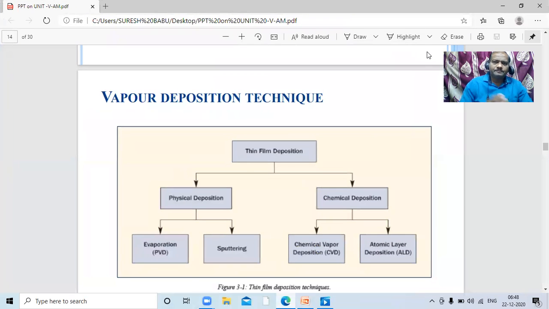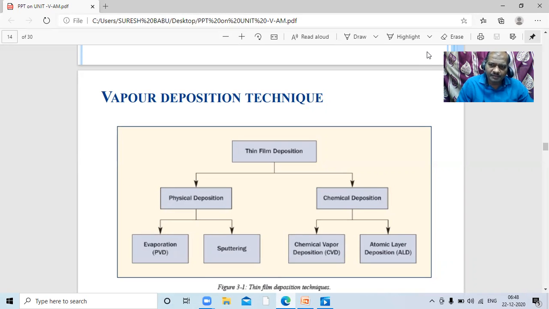So FGM, functionally graded materials, can be prepared by thin film deposition. That means the first one is a thin film. For example, a material is there, and on the material we are going to give a coating, and that coating is going to be very thin. For that purpose, what are the possible methods?